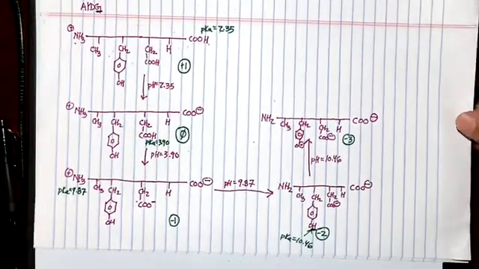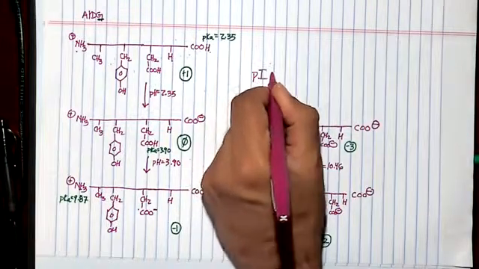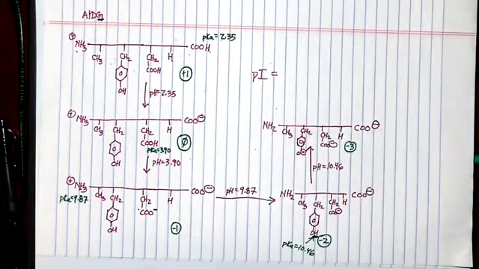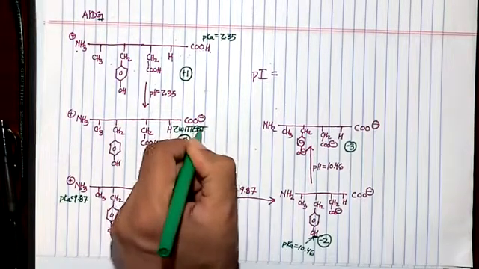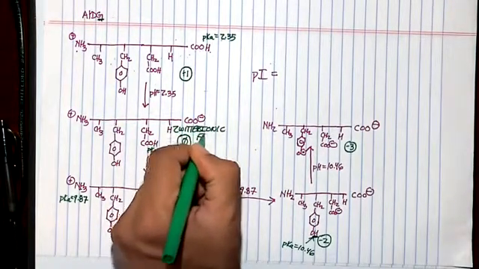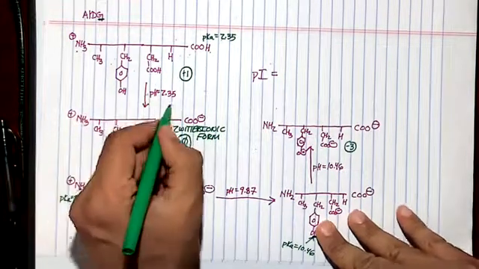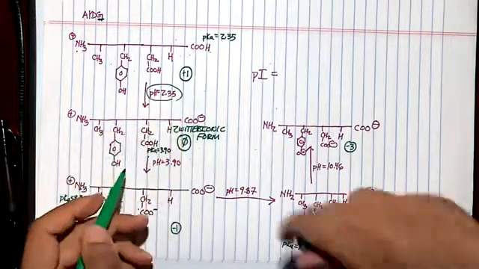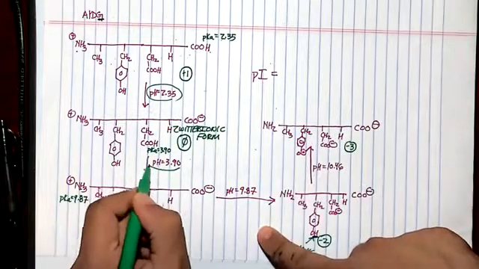So what is the PI, the isoelectric point, of this tetrapeptide? The isoelectric point is defined as the pH where the Zwitter ion dominates. The Zwitter ion is located right here, the Zwitter ionic form, and that is going to be flanked by this pH at 2.35 and this pH at 3.90.